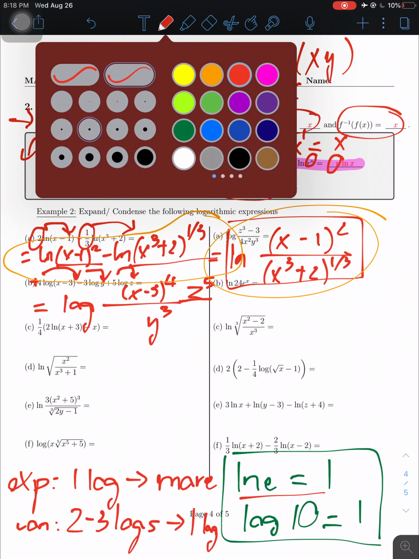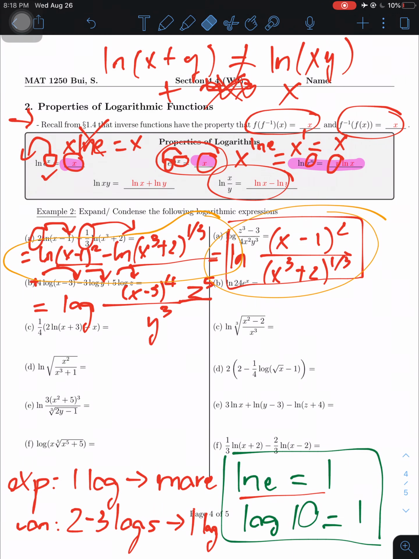And with the similar logic, okay, first of all, let me just get rid of this because I cannot see the problem. Okay, with the similar logic, for part C, let's see, what do I get? First of all, we have the 1/4 in there, right? And we have these parentheses.